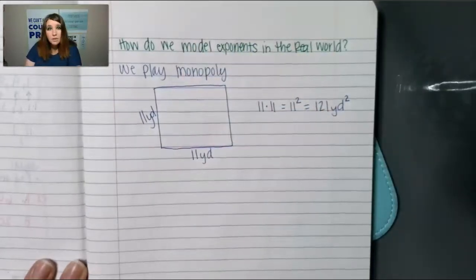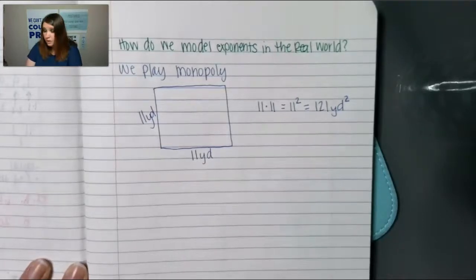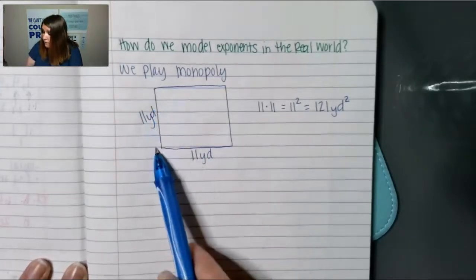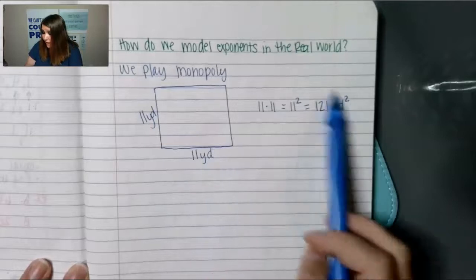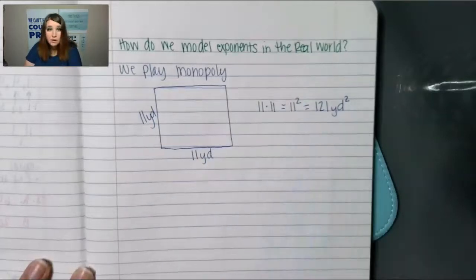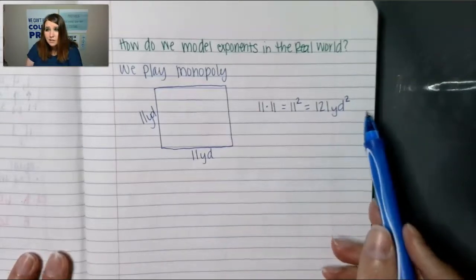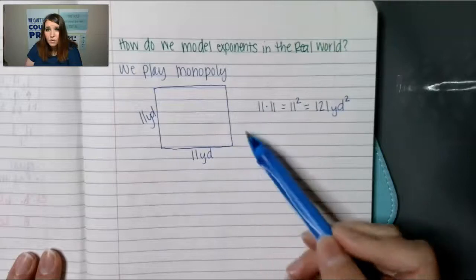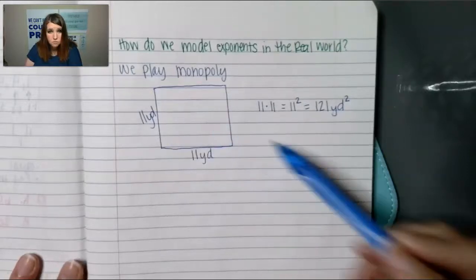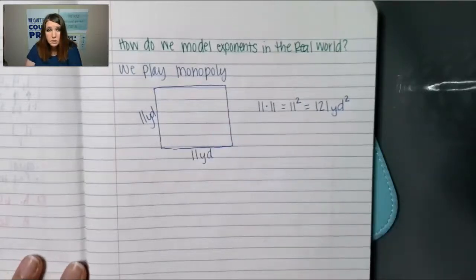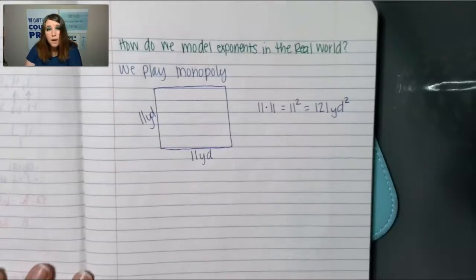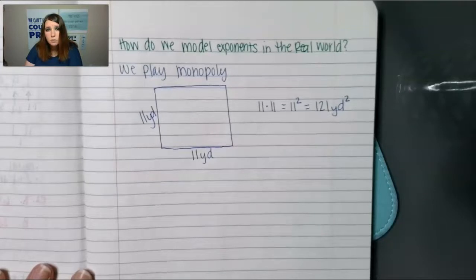So this is where the area comes in. We have done 11 by 11, and we have found 121 square yards. So 121 yards squared is the total area of this Monopoly board. That's how far we've had to send the little shoe piece around the board.